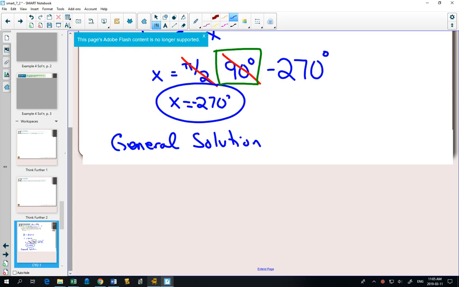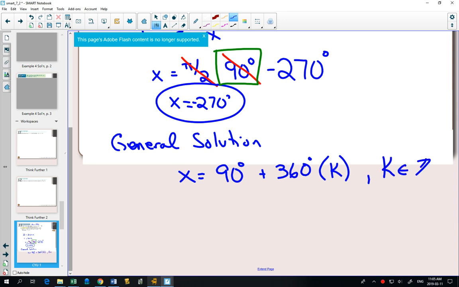And then once you have all your answers from 0 to 360 degrees, then add 360 degrees times k, or if it was in radians, that's where we added 2k pi. So now we can write our general solution. Our general solution would be the 90 degrees plus 360 degrees times k, where k is an integer.